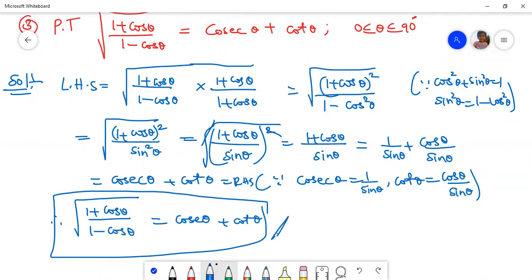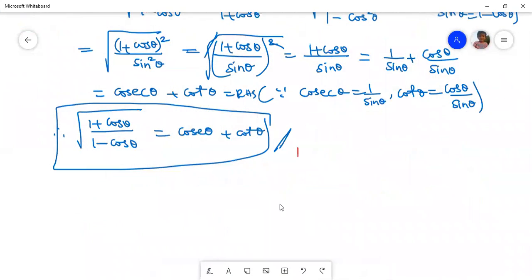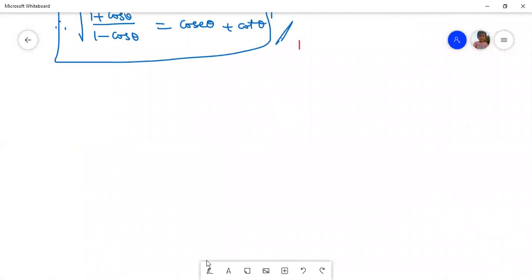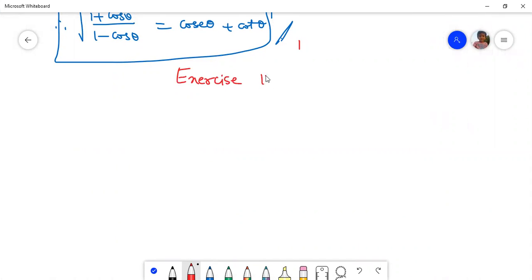These are the example problems. Next, we can discuss exercise 11.4. The first problem: evaluate the following.